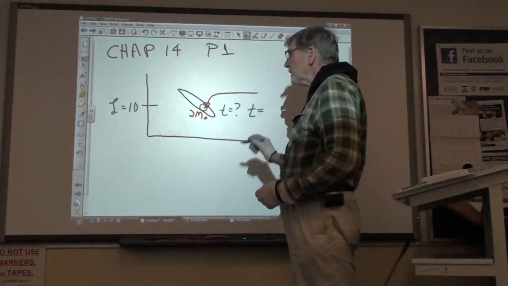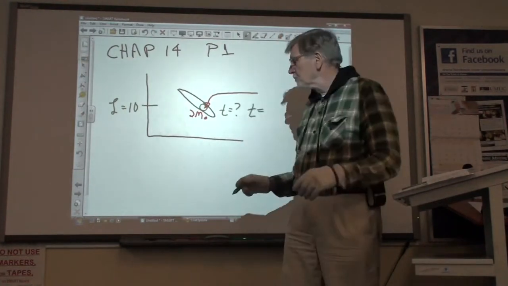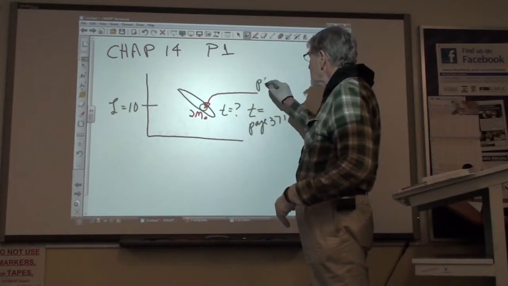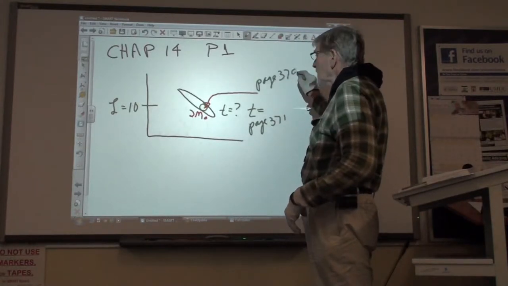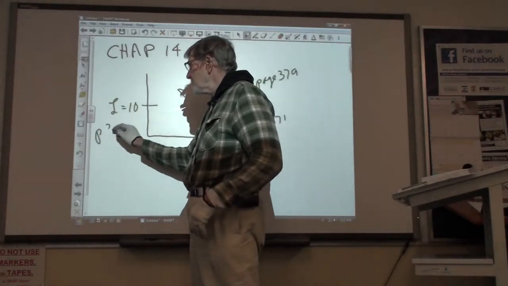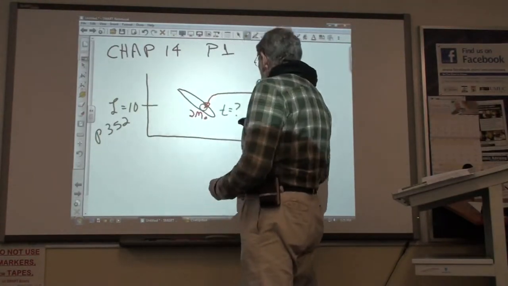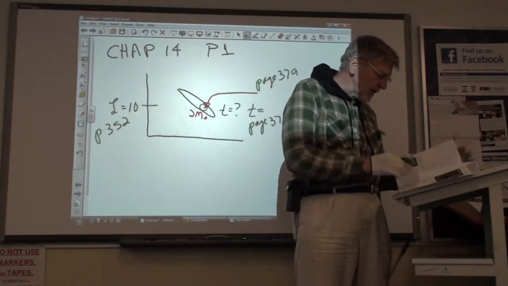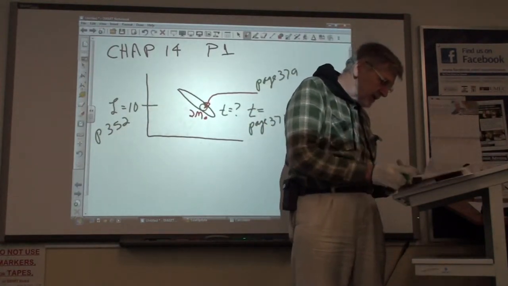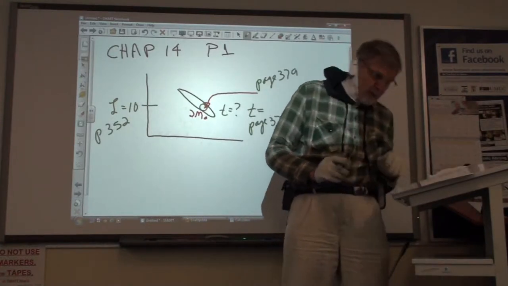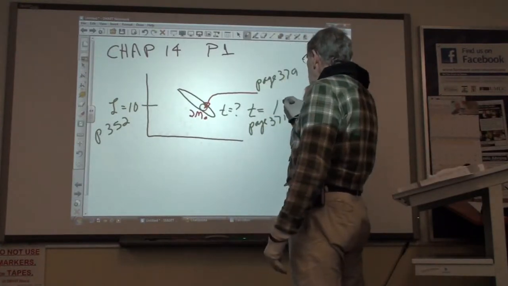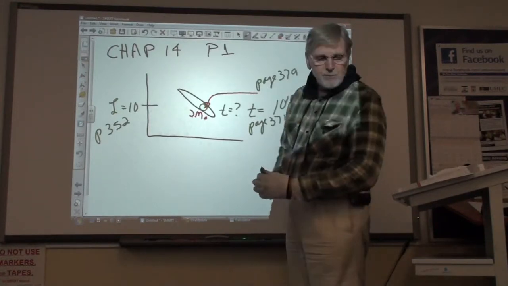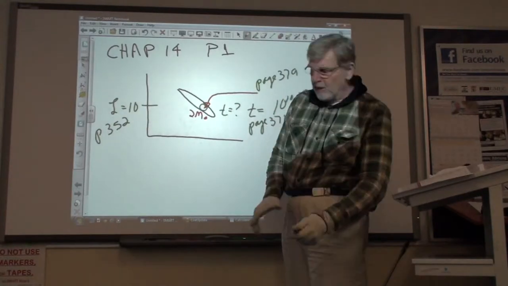We know from the equation on page 371. The first reference was page 379, and this luminosity we found on page 352. On page 371, we find the equation for the lifetime of a main sequence star, and that's given to us as t equals 10 to the 10th times the mass divided by the luminosity.